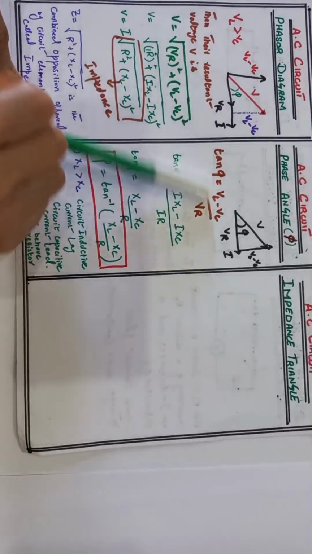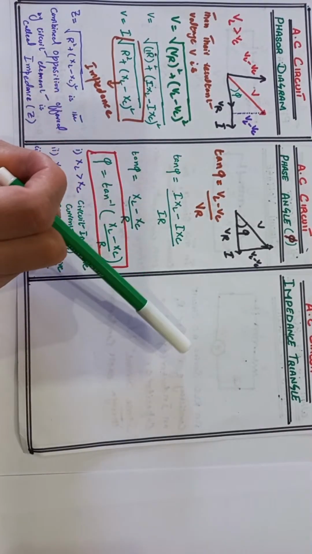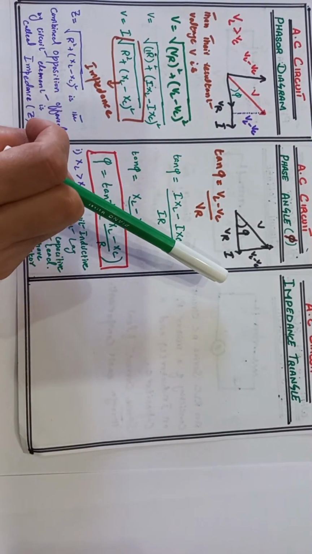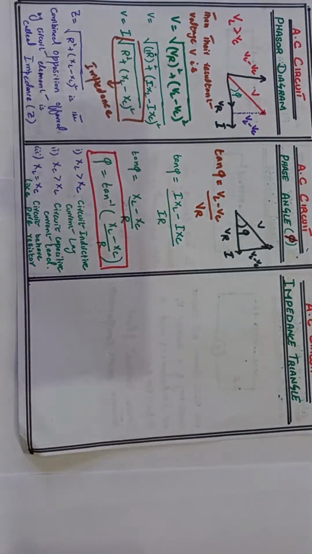In this phasor diagram, we now show the impedance. In the impedance triangle, we show the impedance, that is the combined effect of the series circuit. So here we draw the impedance triangle.